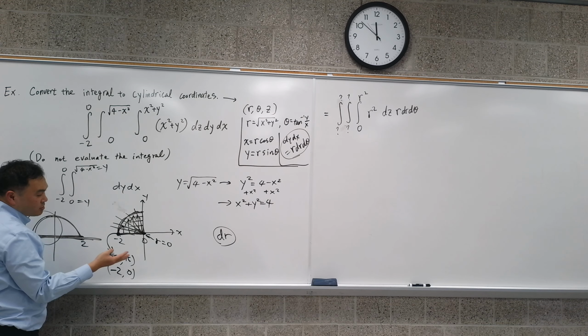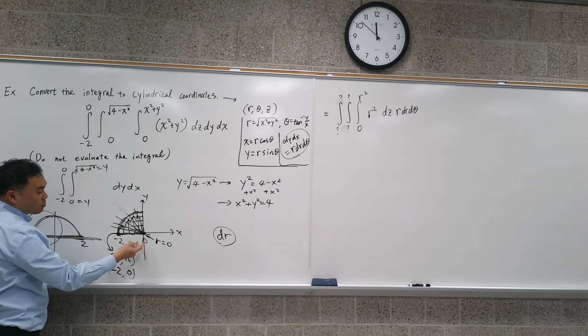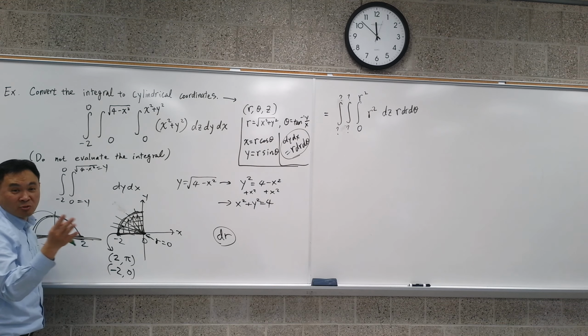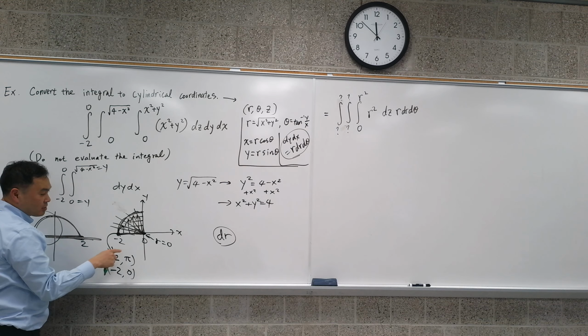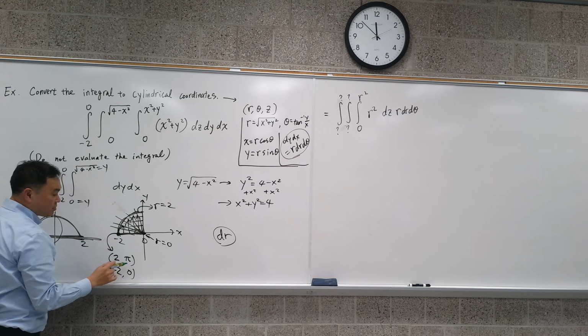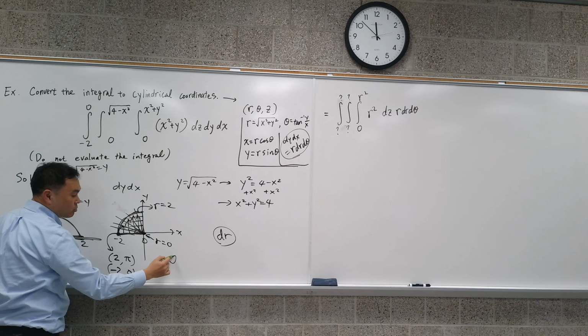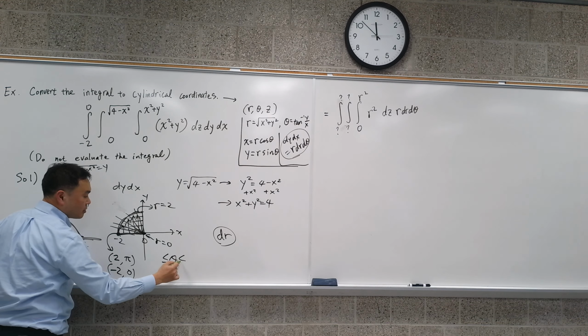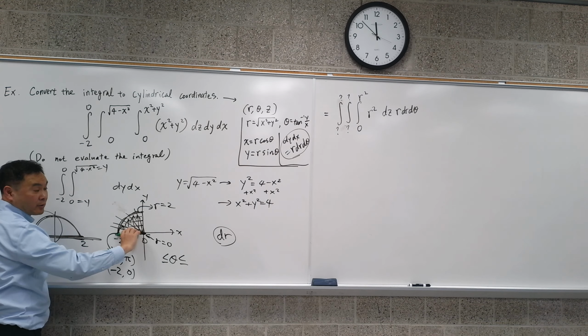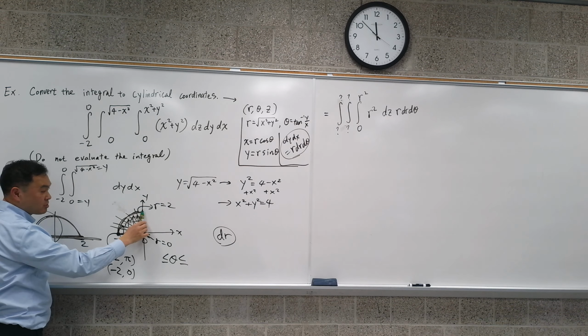But see, you could make r go from 0 to -2, but then the angles get messed up because your angles will now vary over these directions. So it's much more complicated. So let's just keep r as 2. But now let's think about the angles. Angles go from where to where? Pi over 2 to pi, right? In radians, this is pi over 2. This is pi.